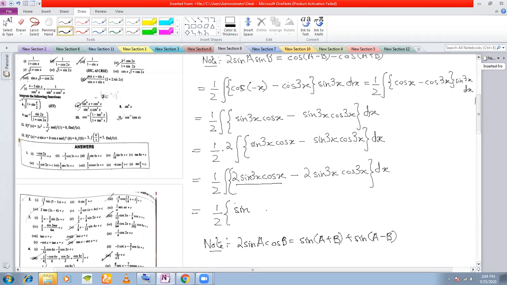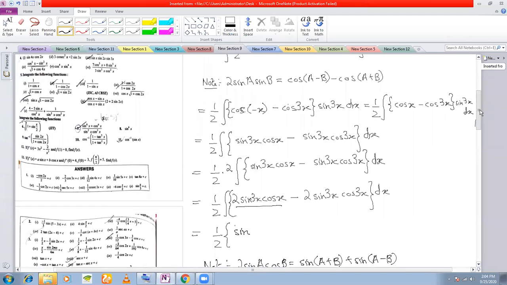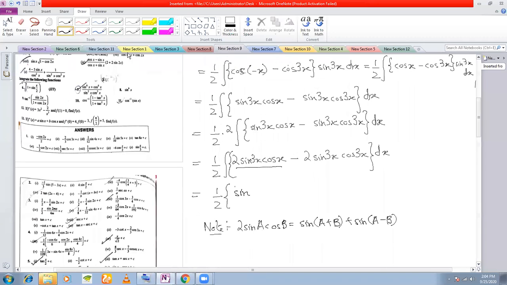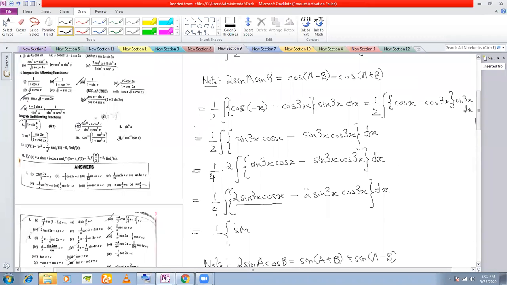I have taken half earlier also, no? So this should become 1/4. Understood why it should become 1/4? Because half I have taken already, and now again I am taking a 2.